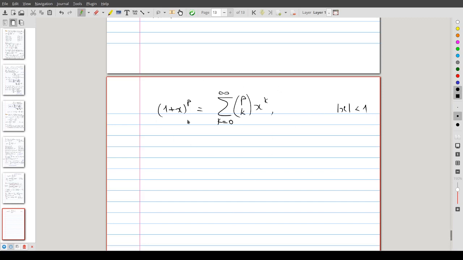So this representation is only true when absolute value of x is less than 1. And p is any real. So in fact, if p is 0, this equality will also hold.